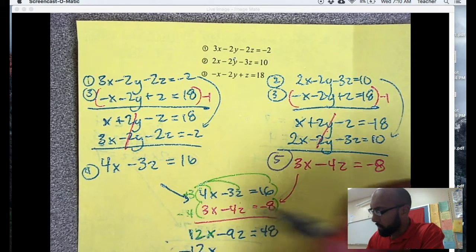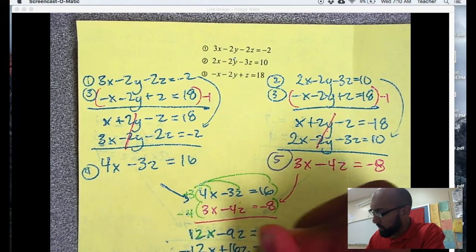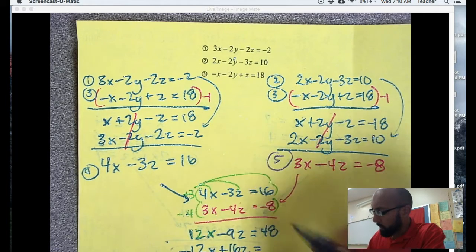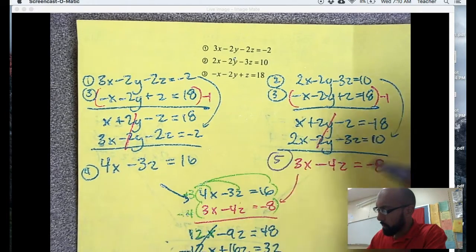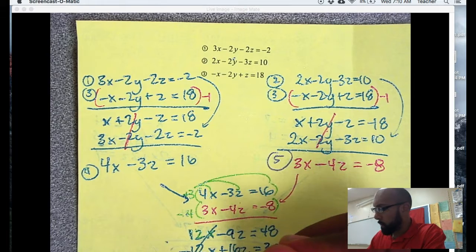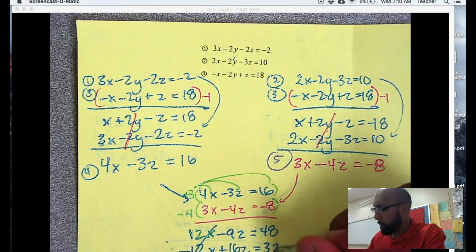There's my opposite right there, -12x, then plus 16z, -4 times -8 is 32. Eliminate there. Okay, -9z plus 16z, we're going to get 7z. Then right here, 48 plus 32, we'll get 80.